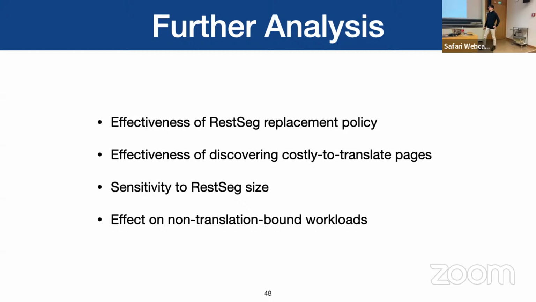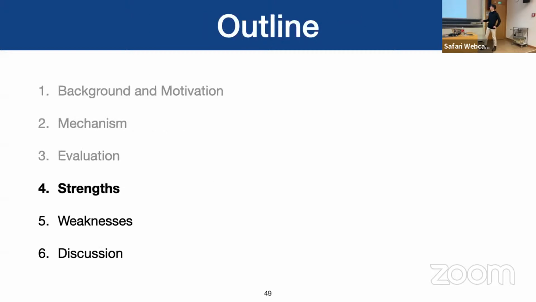It has to be large enough for Utopia to work efficiently. And also the effect on non-translation bound workloads, where we can observe a very minor performance decrease, but it's not really significant.